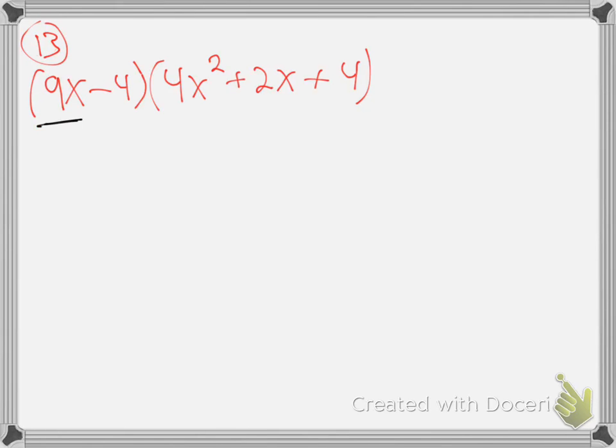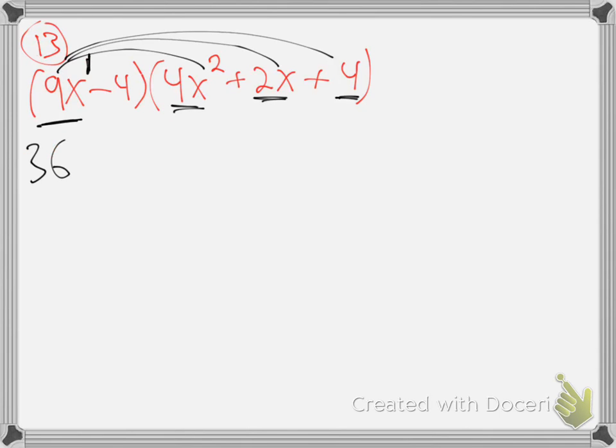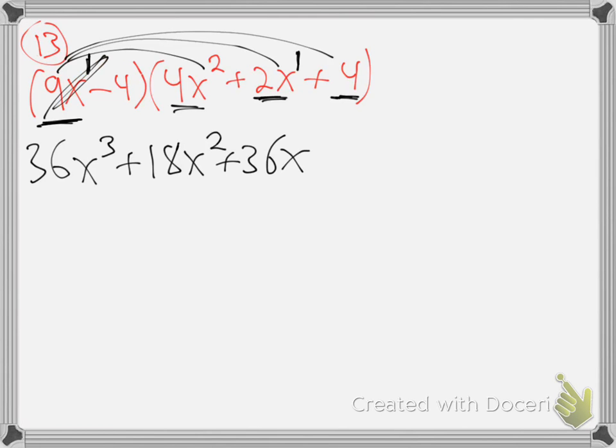So this 9x is going to go to all 3. And as he goes, out front numbers multiply, powers add. 9 times 4, 36. This has an invisible 1, and so does that. X cubed. And 9x times 2x, 18x squared. 9x times 4, 36x. He's done. He went to all 3, right?